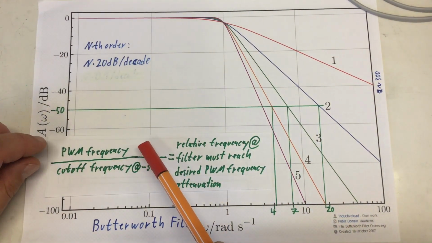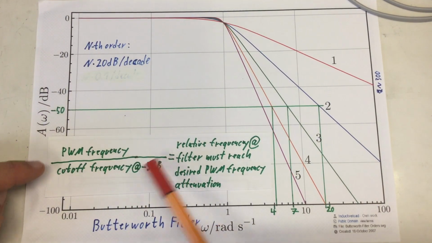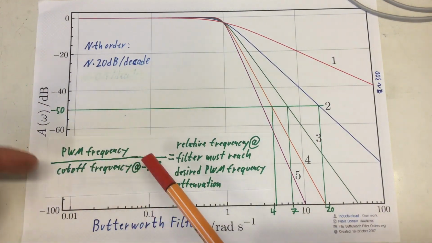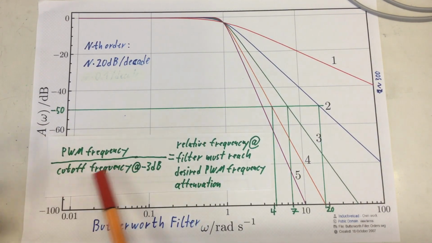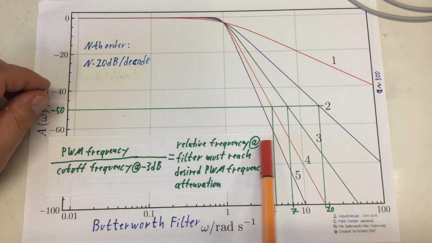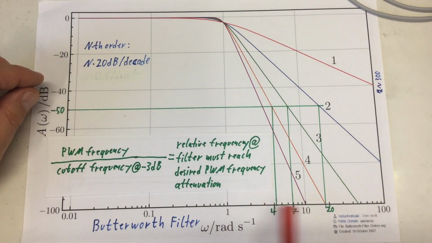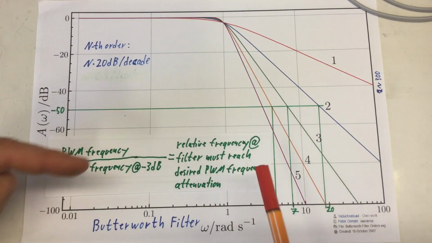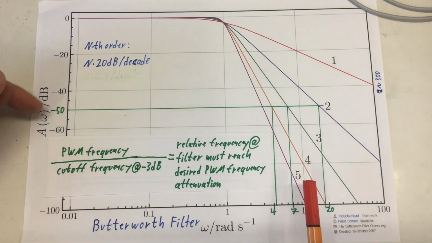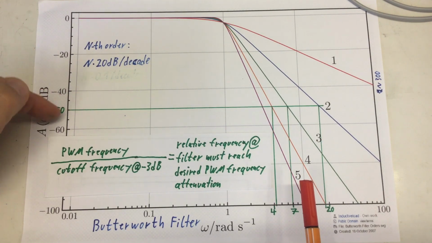You take the PWM frequency and divide it by the analog bandwidth at -3 dB you desire, which is incidentally the cutoff frequency then, so here in our graph relative 1.